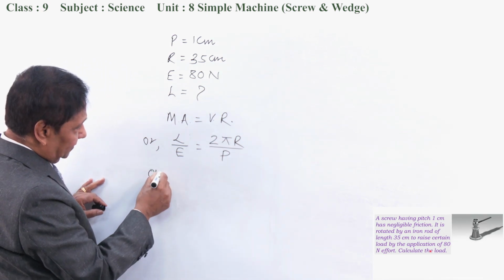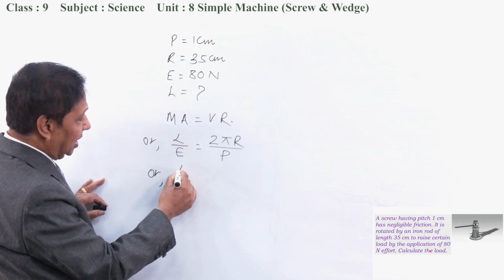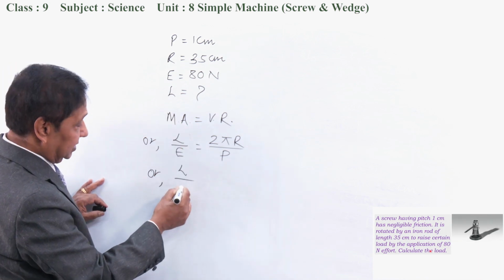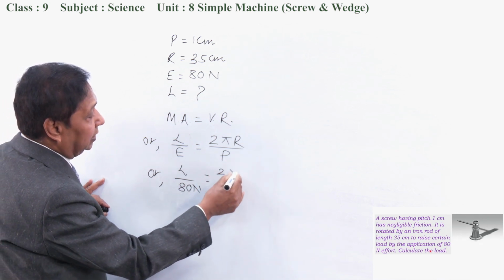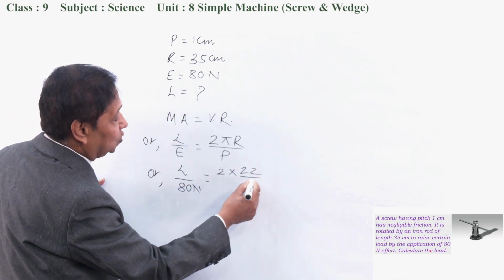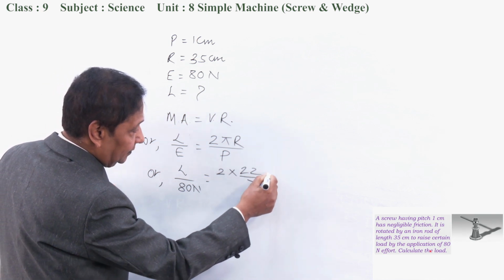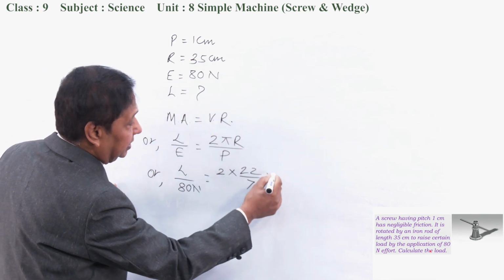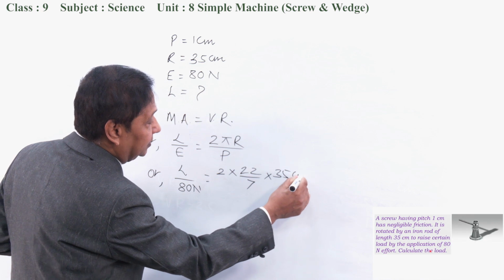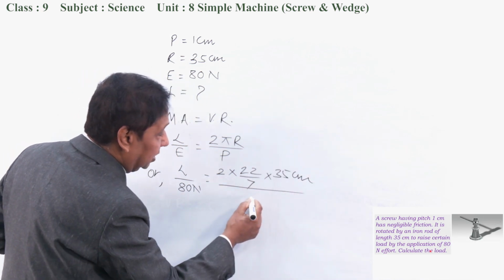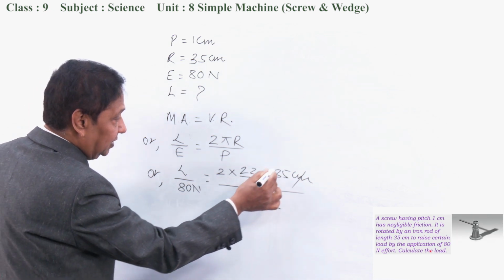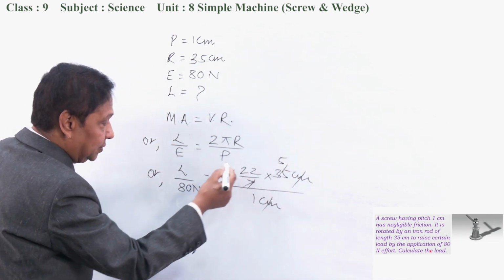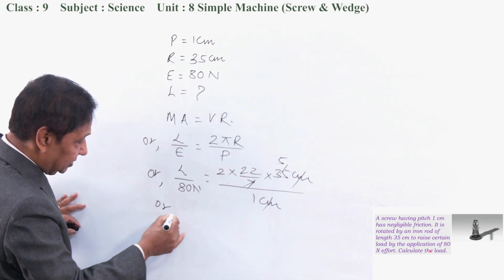Now here we have to calculate load, and effort is given as 80 Newton, and 2 into pi, value of pi is 22 by 7, into radius given as 35 centimeter, and p is also given as 1 centimeter. Centimeter cancels, 7 5s are 35, 5 2s are 10. Let's go through the left hand side.